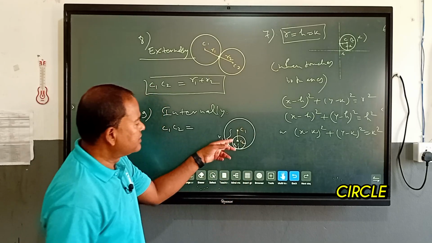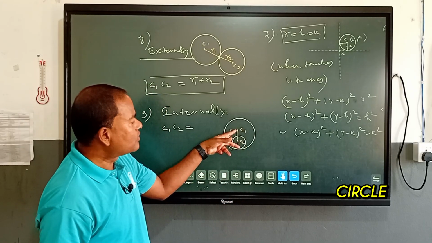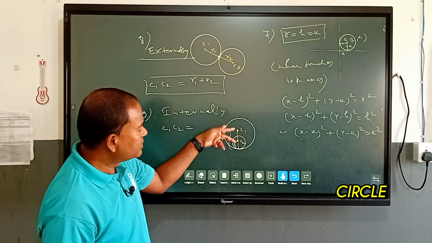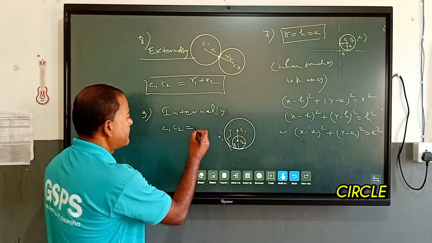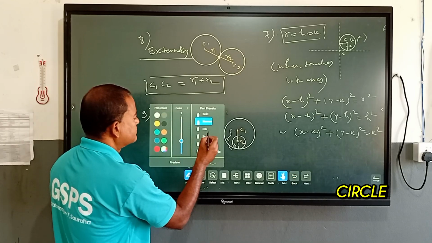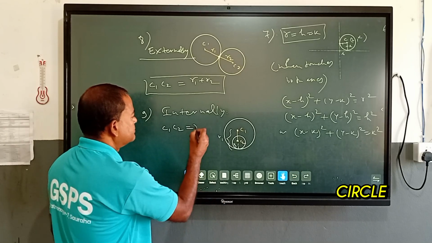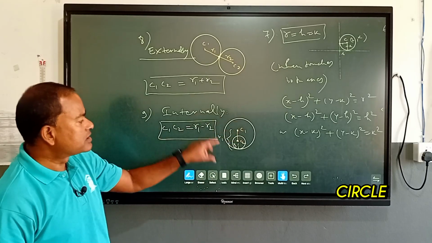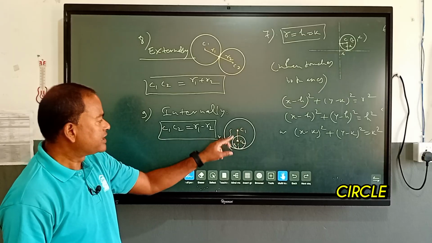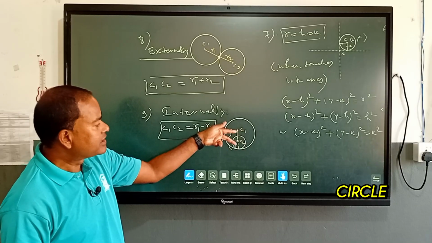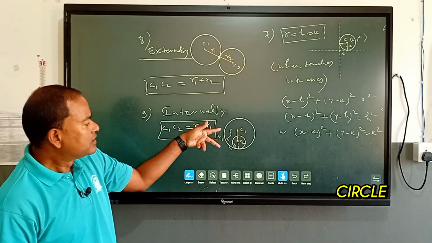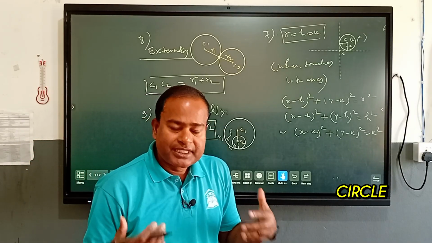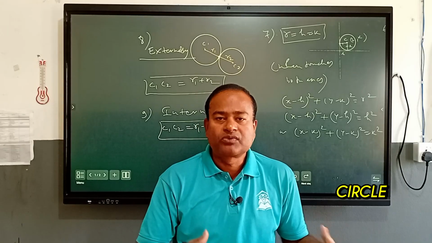If R2 is the radius of the second circle and R1 is the radius of the first circle, then C1 C2 will be equal to R1 minus R2. This means the distance between the centers will be equal to the difference between their radii.